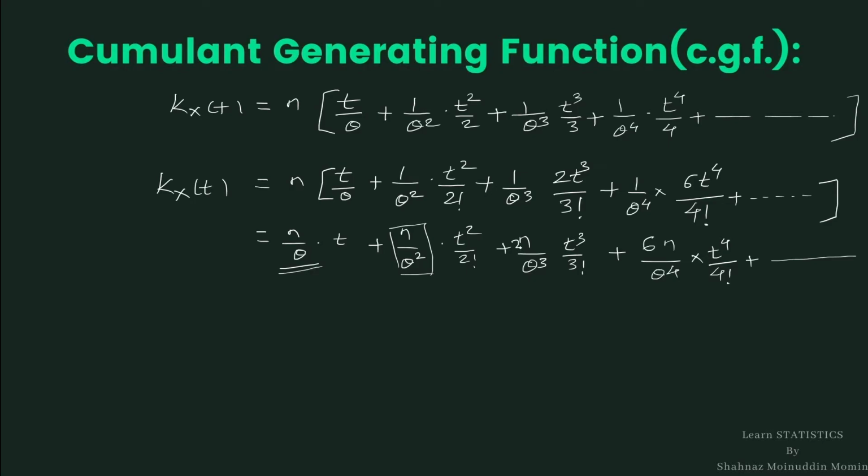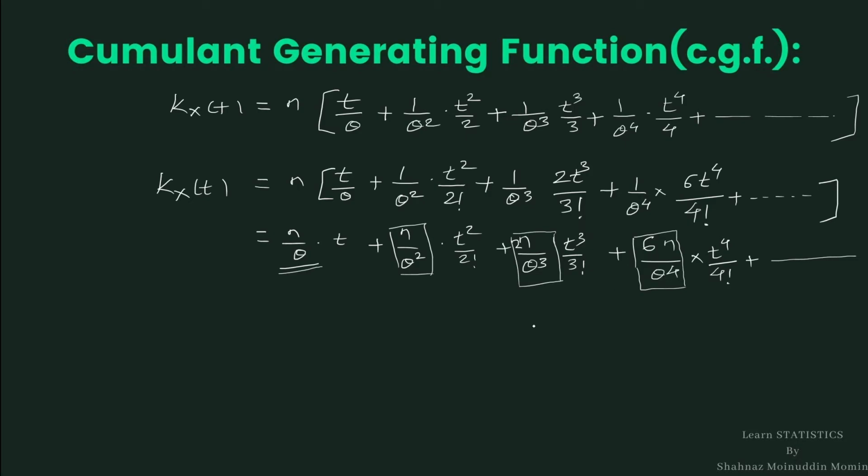Similarly, 2n by theta cube is the coefficient of t cube upon 3 factorial, which is the third cumulant. And for the fourth cumulant, the coefficient of t raised to 4 upon 4 factorial is 6n by theta raised to 4.